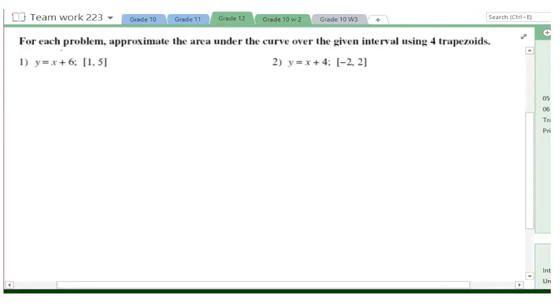Find in each problem, approximate the area under the curve for 4 trapezoids. The meaning of 4 trapezoids is that you are going to divide the distance between the 2 points into 4 parts.